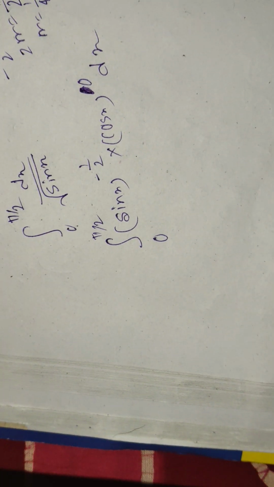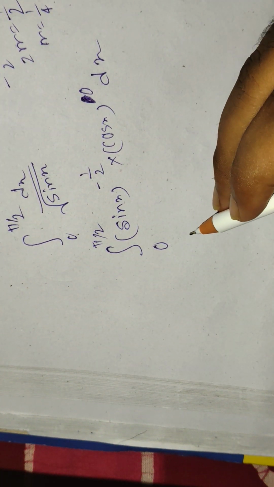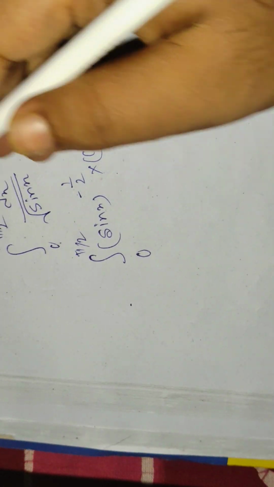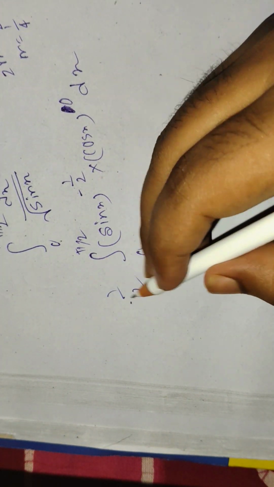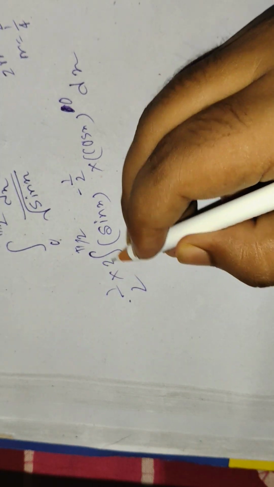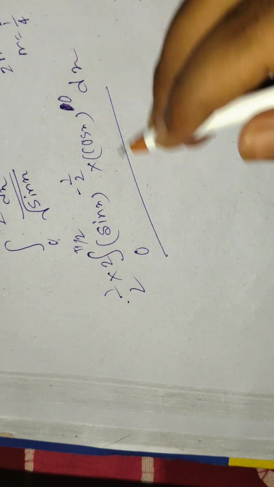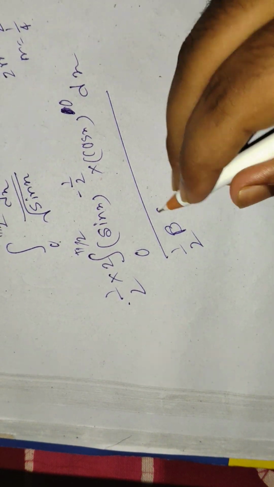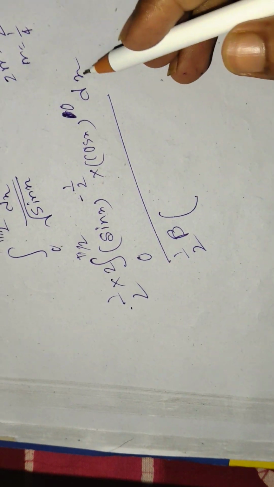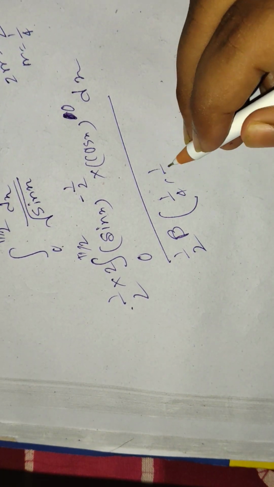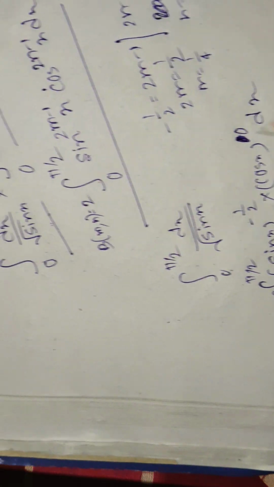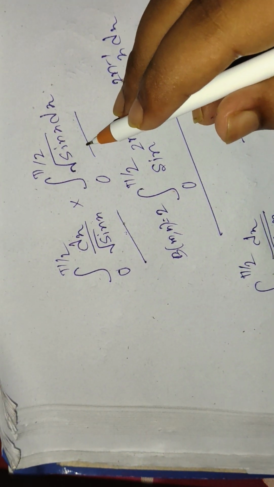It is very easy. But there is a 2 in the formula, so we have to multiply by a half and a 2 also. So you can replace this function as half into beta(1 by 4, half). We can use this formula for the other integral also.